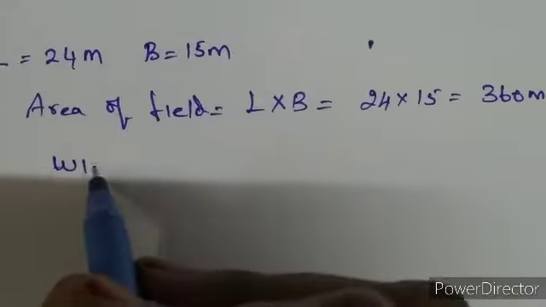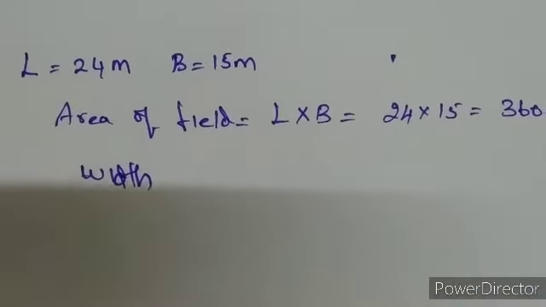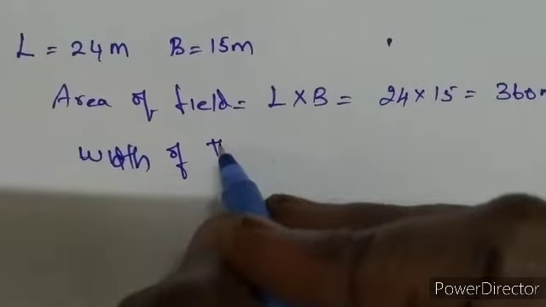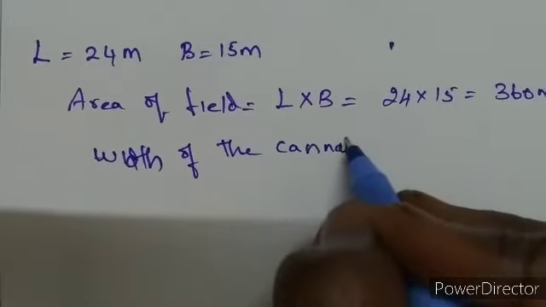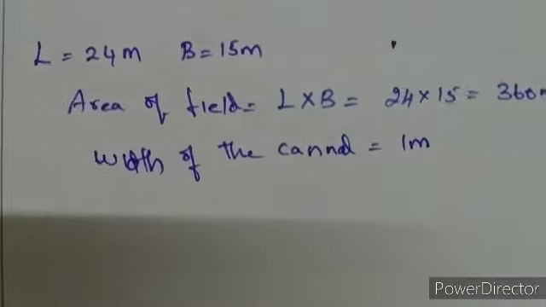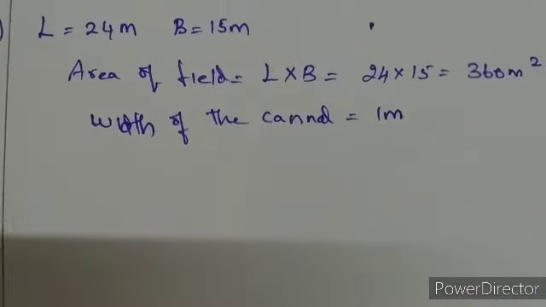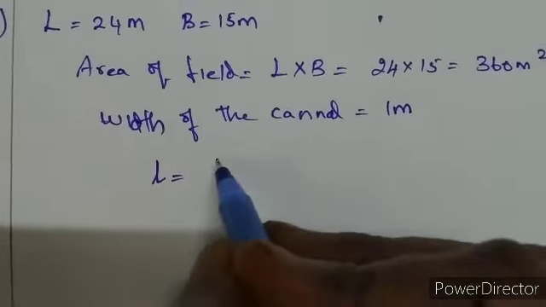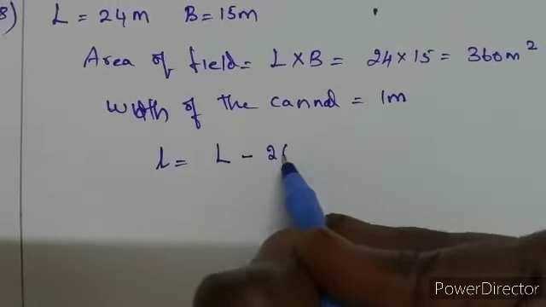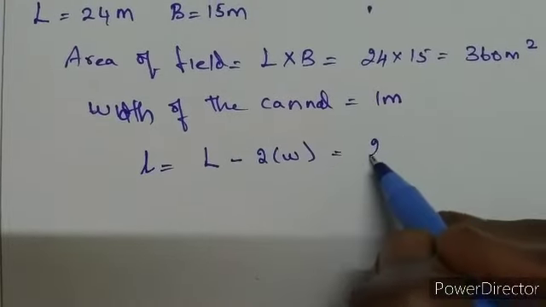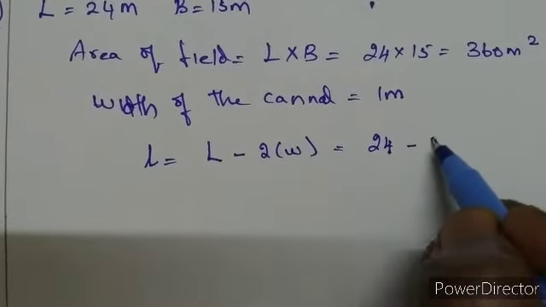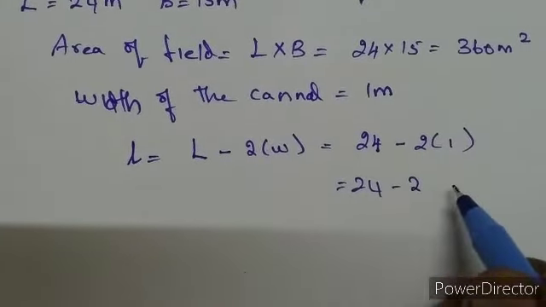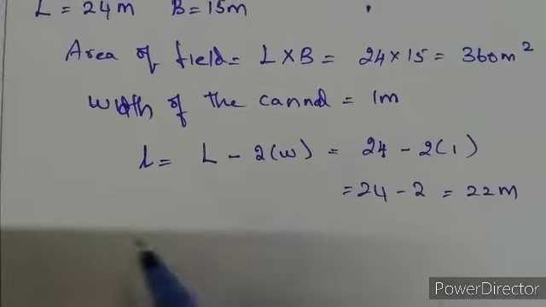Now, what is the width of the canal? Equal to 1 meter. First we have to find out the inner rectangle, small l. Capital L minus 2 of width, that is 24 minus 2 into 1. So 2 ones are 2, that is 22 meter.